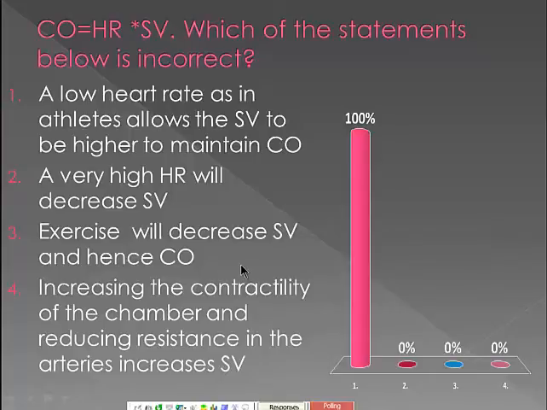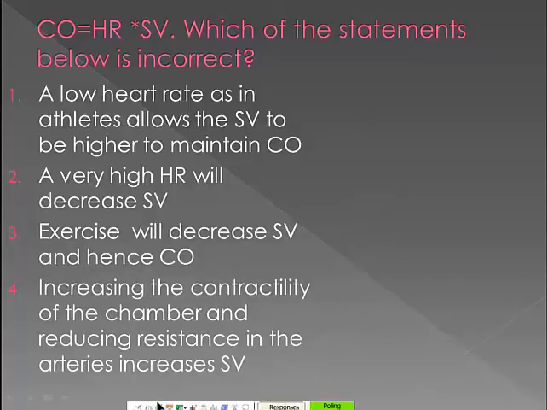I'm sorry, you guys got it wrong. The correct answer here actually is, and I'm going to re-poll it again, so I want you all to think over this. You didn't read it properly. A low heart rate in an athlete allows the stroke volume to be higher to maintain cardiac output. This is true. I'm asking you which statement is incorrect, so look at it carefully.